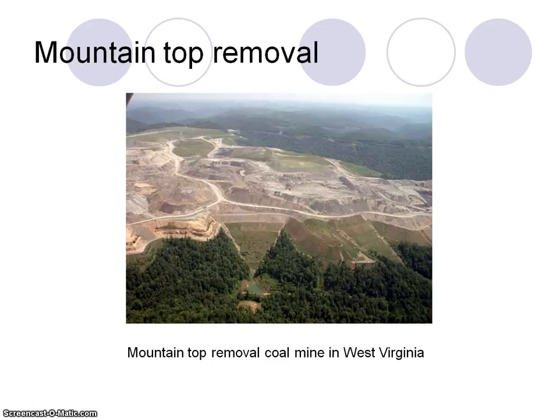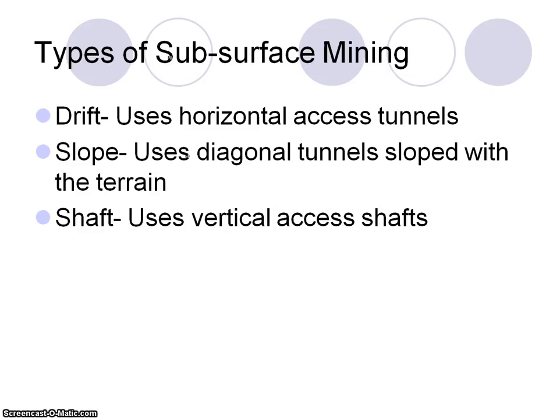Now, subsurface, below the Earth's surface, you have three ways that you can do a subsurface mine, and it has to deal with the angle and location, how deep you need to go. If it's just barely below the Earth's surface, but it's far enough down to where you need to actually do a subsurface mine, you can get a drift mine, which is going to say you're at the side of a mountain and you don't want to remove the whole mountain, but you need to go into the side of it, maybe towards the base.